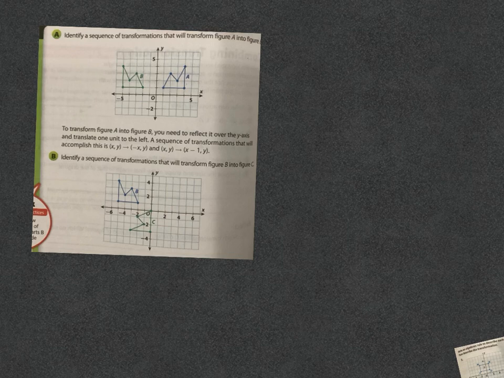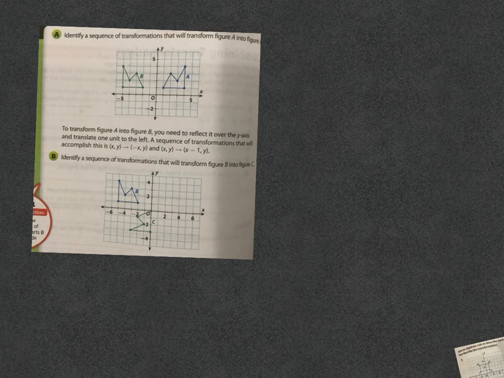So if I have a pre-image and then here's my image, I'm assuming alphabetically this is my pre-image, and then there's my image. A couple of things happened for me to get from here to here, and so you ponder over it a little bit, knowing what your transformations are.